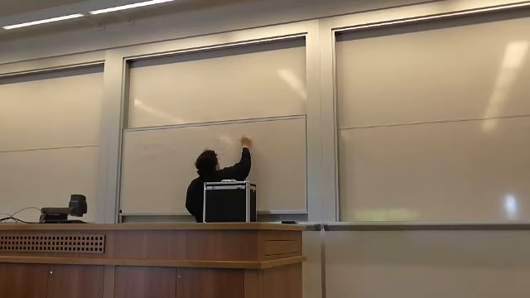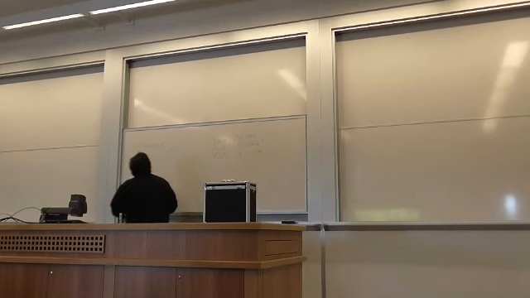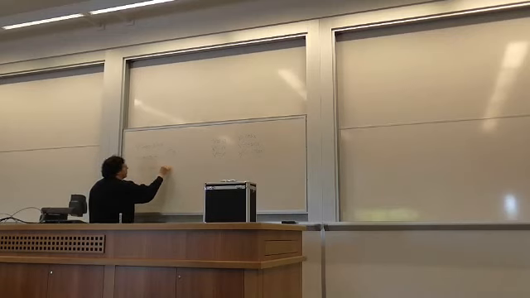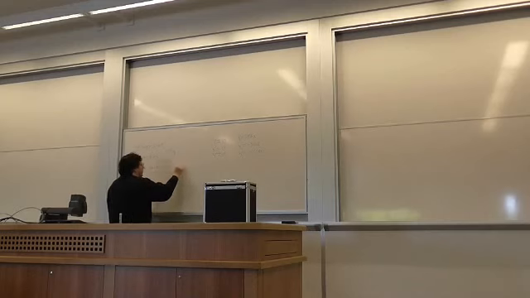Okay, y equals cosine of x. y prime equals negative sine of x. y double prime equals negative cosine of x. So negative cosine of x minus cosine of x equals sine of x. No.